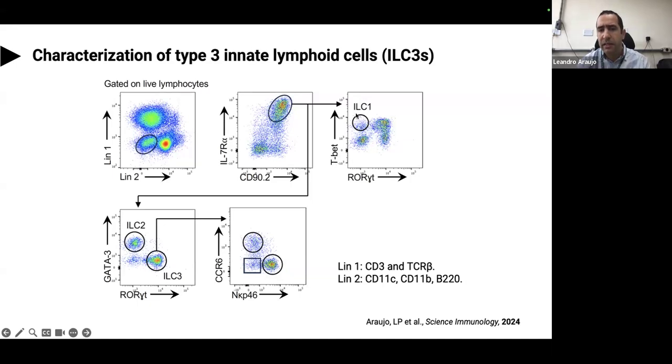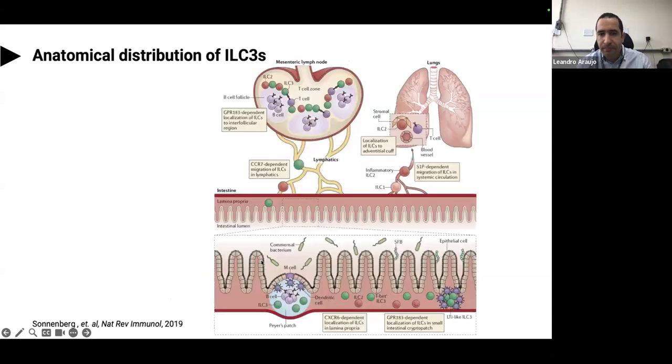We have Tbet, which the ILC1s express. We have the ILC2s that express GATA3, and the innate lymphoid cells 3 that express RORγt, and some express Tbet too. So here we can define these three populations that José just mentioned to us: the NKp46 positive one or NCR positive, the CCR6 positive one, and the one we call double negative.